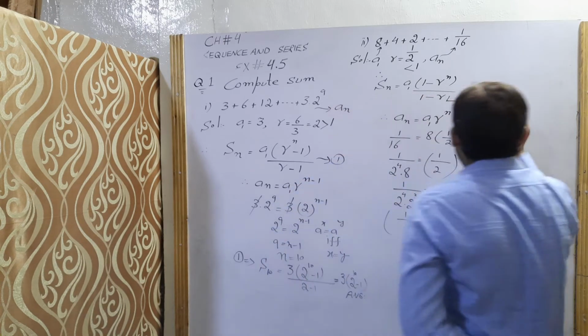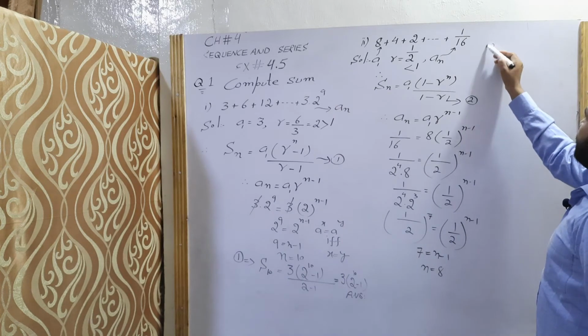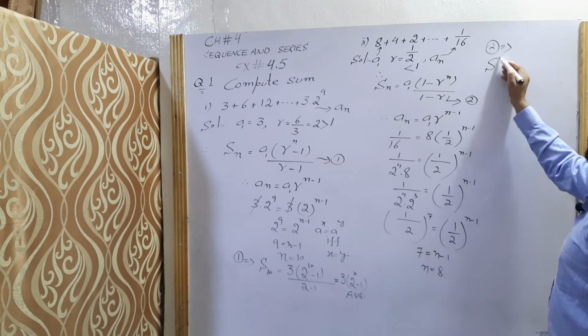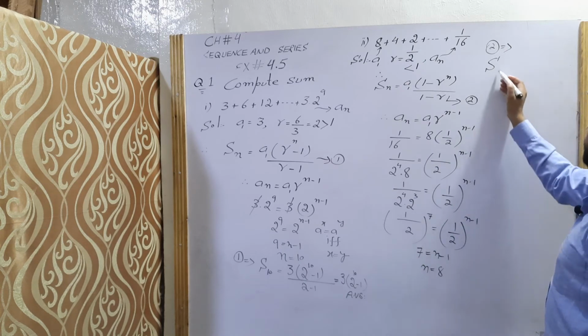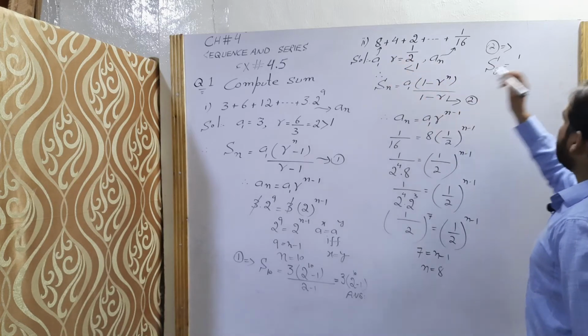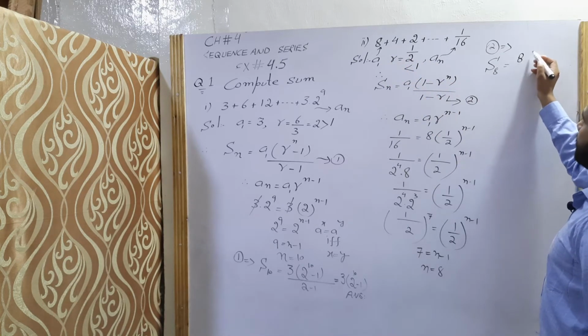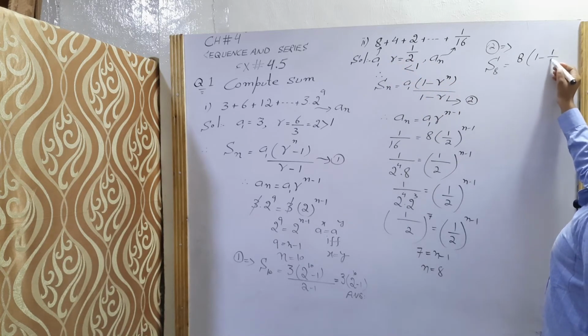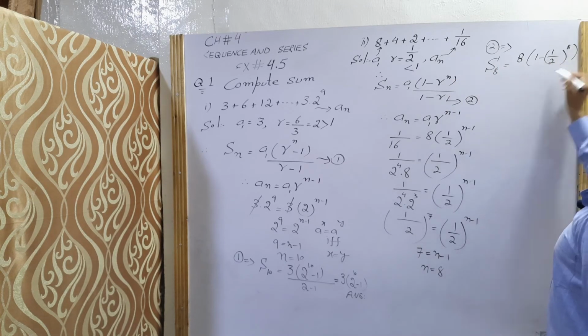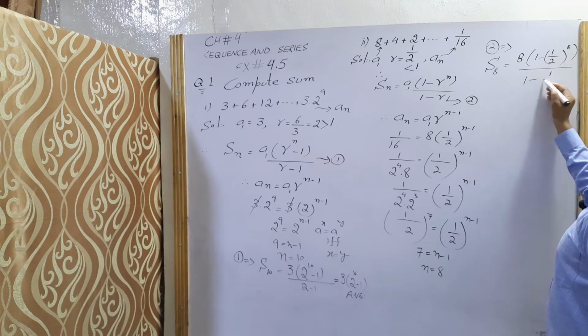So simply put the values in formula number 2. Sn in this case is S8. A1 in this case is 8, times 1 minus r, in this case 1 by 2 whole raised to power n, and n in this case is 8, divided by 1 minus r.